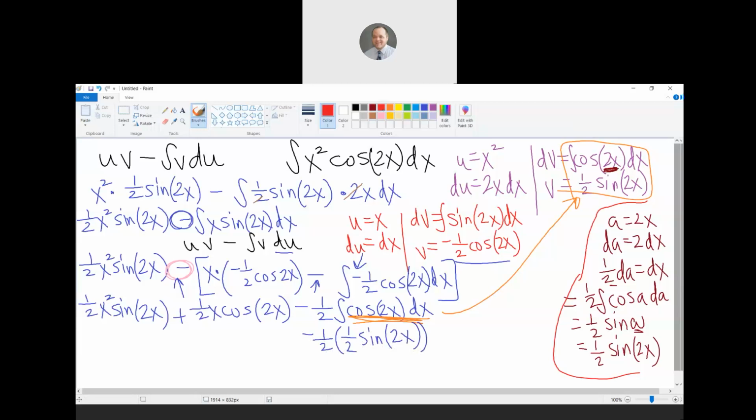So our final answer, bringing everything else down, is 1/2 x squared sine of 2x plus 1/2 x times cosine 2x minus 1/4, when I multiply the 1/2, sine of 2x, and don't forget your plus c.